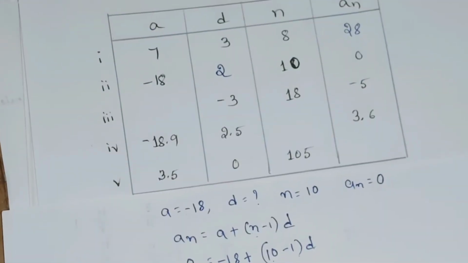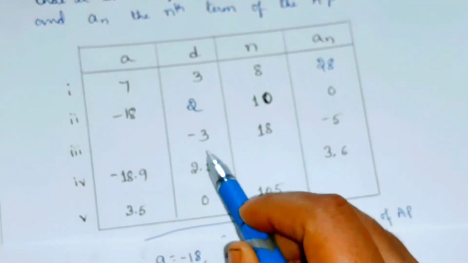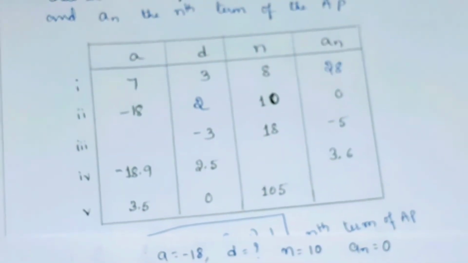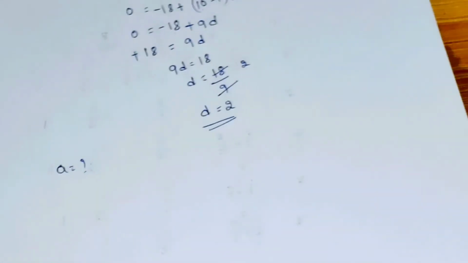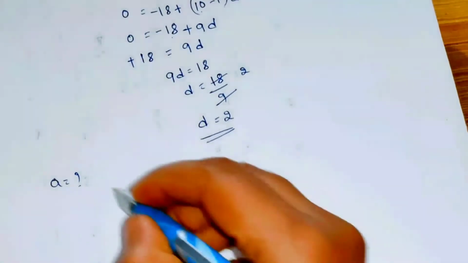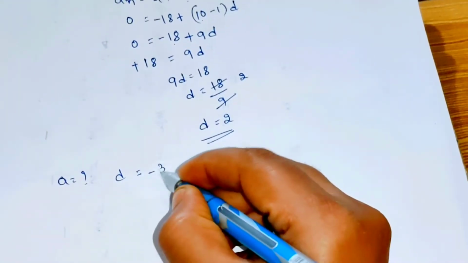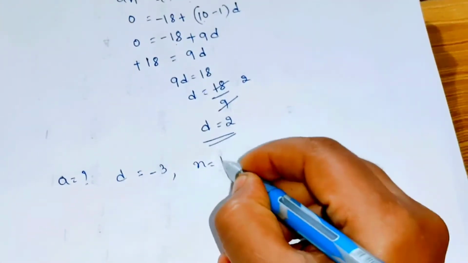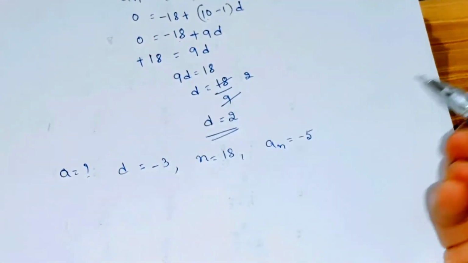The third question is, a you have to find out. d is given, minus 3. n is given, 18, and an is minus 5. a is question mark. Write down a question mark, d is equal to minus 3, then n is equal to 18 and an is equal to minus 5.